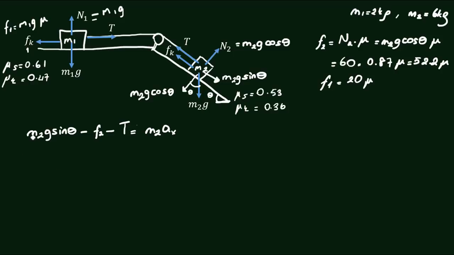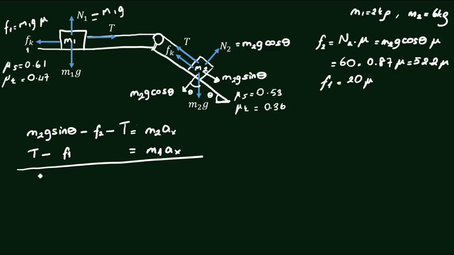For M1, the T force is pulling it towards the right, minus F1 opposing it, equals M1 times AX.